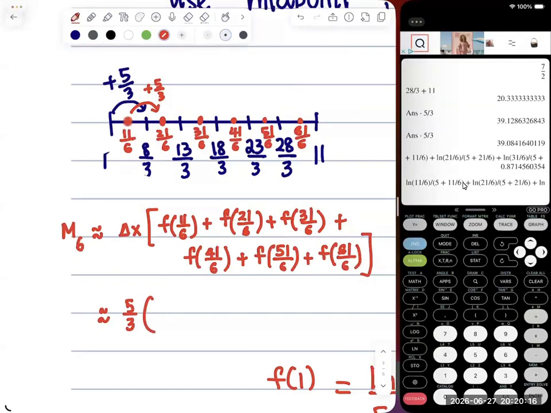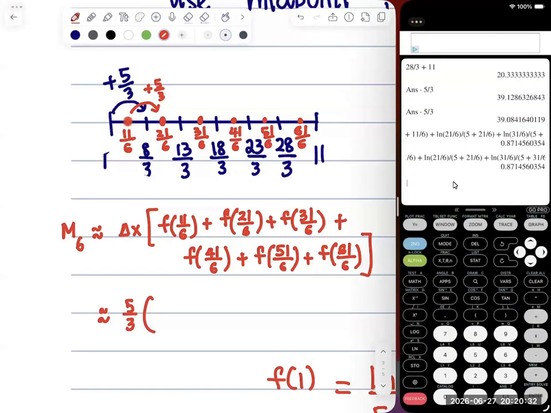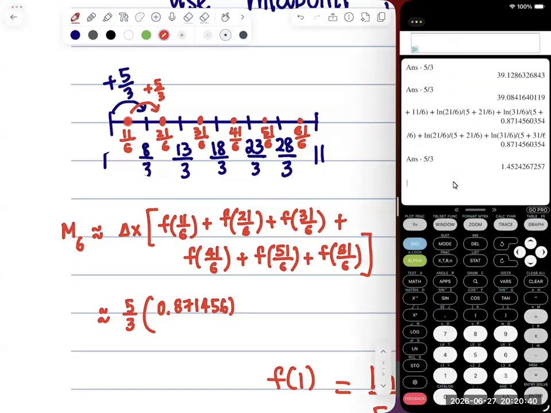All right, so now everything is already typed in my calculator. The typing part and the calculator calculation, you will need to be very careful because it's really easy to make mistakes. Okay, so I'm going to have 0.871456, and then we're going to multiply that by 5/3, and I will get approximately 1.4524.